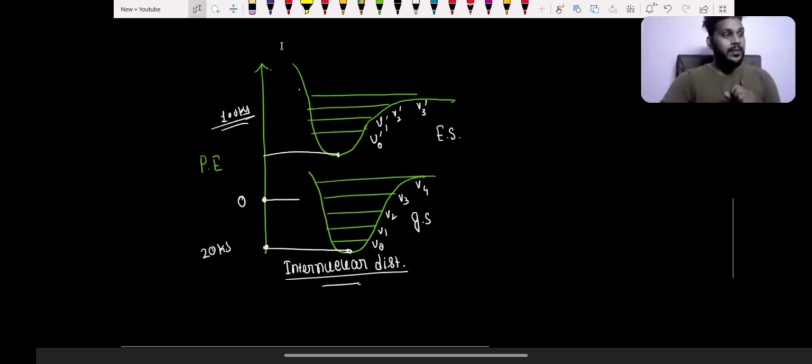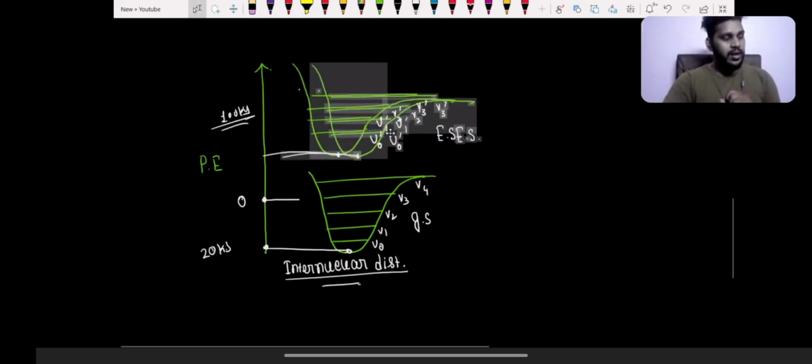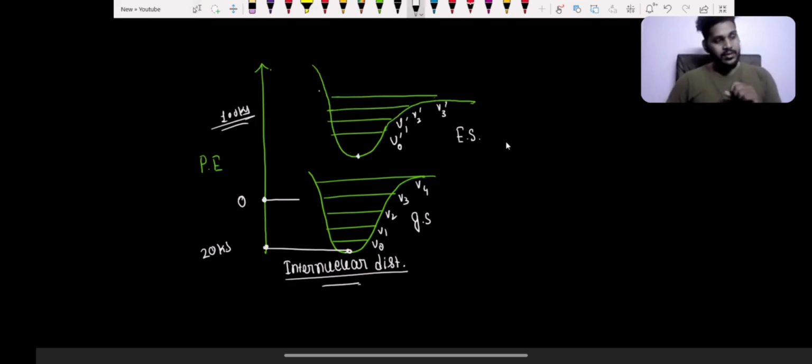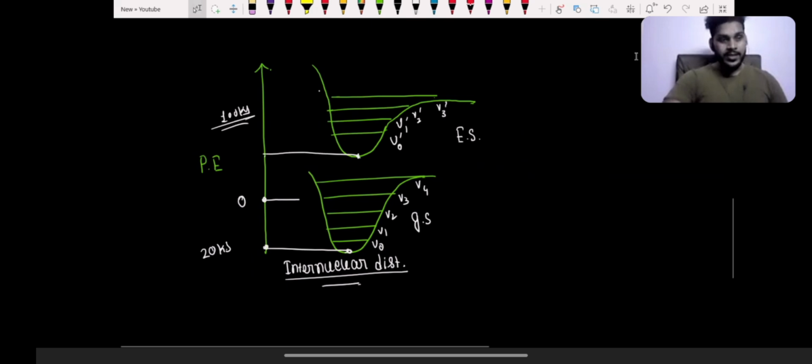Means the potential well is supposed to look a little sideways, a little more to the right hand side, because the internuclear distance is supposed to be increasing. So let's visualize why this is supposed to happen. What is the logical reason behind this?